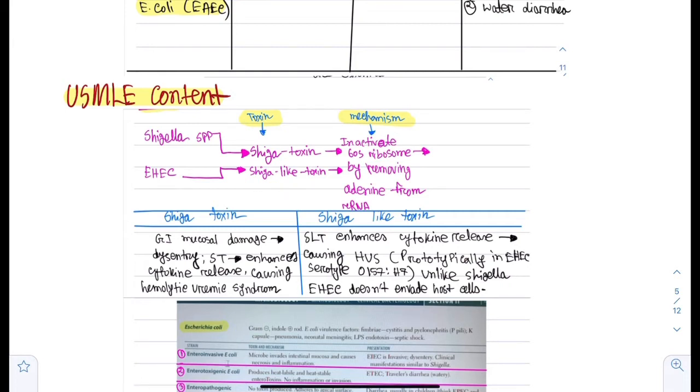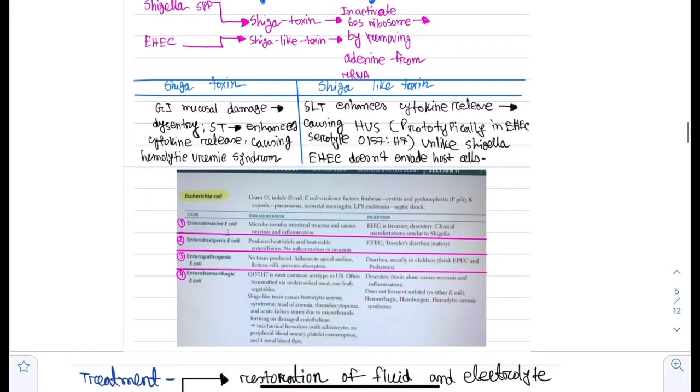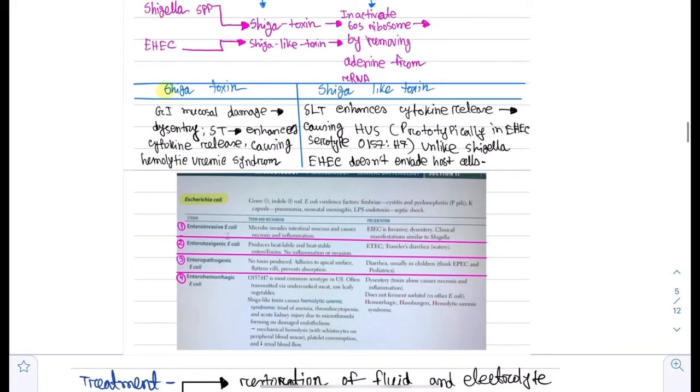That means the toxin that Shigella bacteria secrete is similar to the toxin secreted by EHEC. The Shiga toxin and Shiga-like toxins damage the gastrointestinal mucosa, and as a result it also releases cytokines, and it causes hemolytic uremic syndrome.